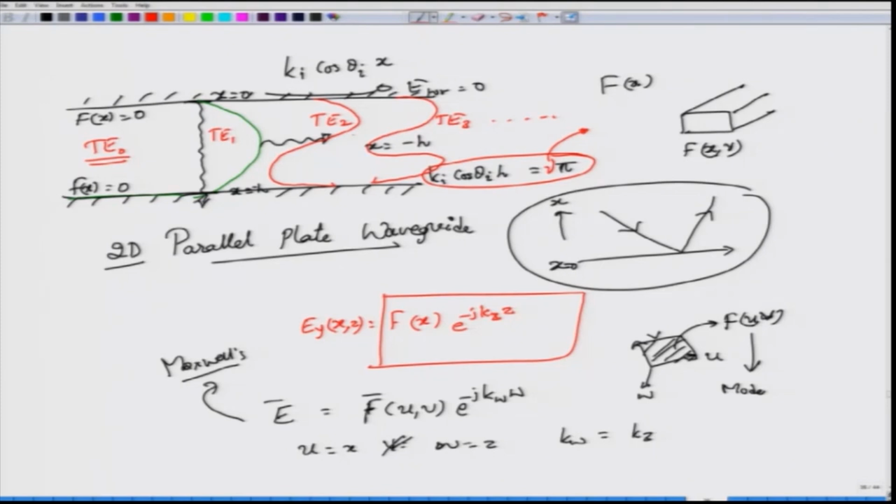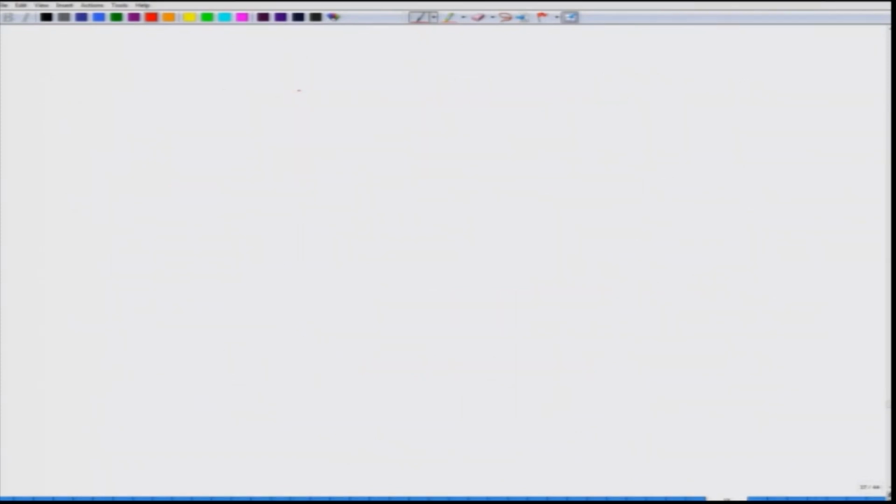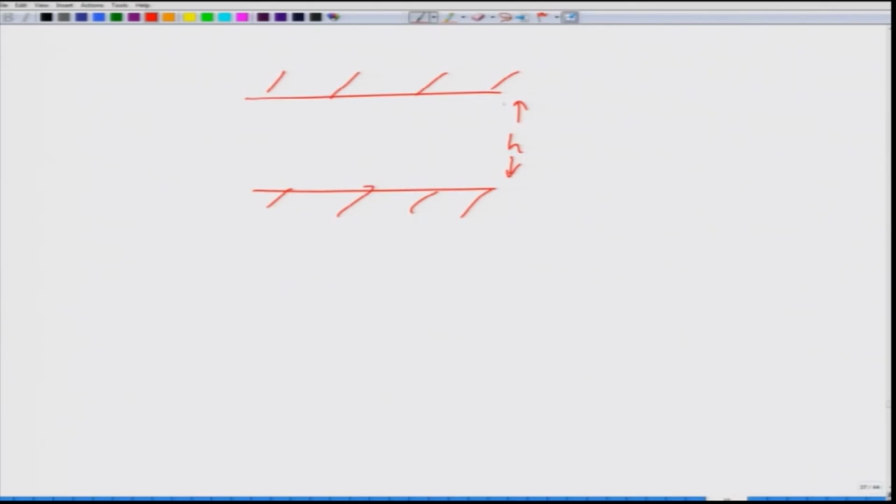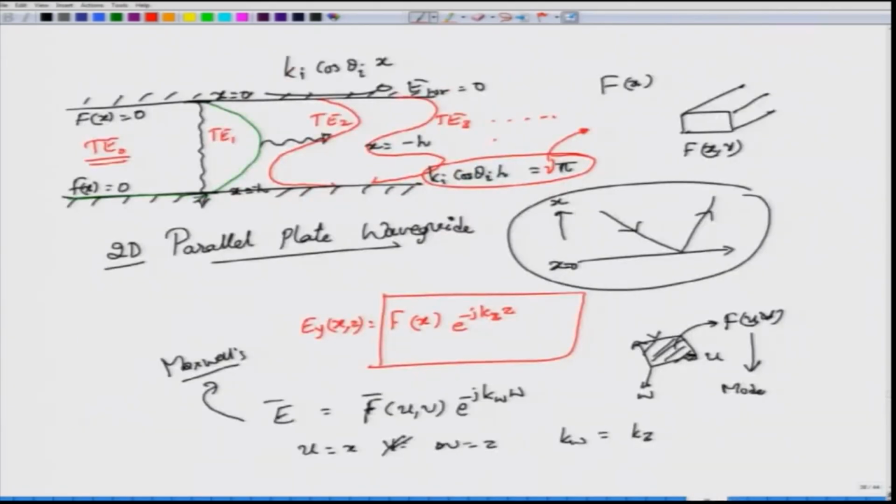One final point here before we complete this discussion. So far what I did was to consider this parallel plate waveguide and determine h according to the equation that I wrote. This is some sort of a transverse resonance condition, if you would remember it. According to this transverse resonance condition, if I fix theta_i, then h gets fixed. But it is possible for us to start off with a value of h here and then explore what possible theta_i values are required to satisfy this equation.